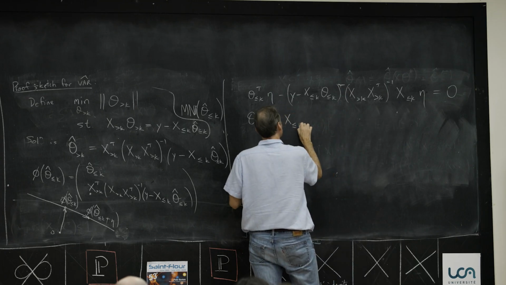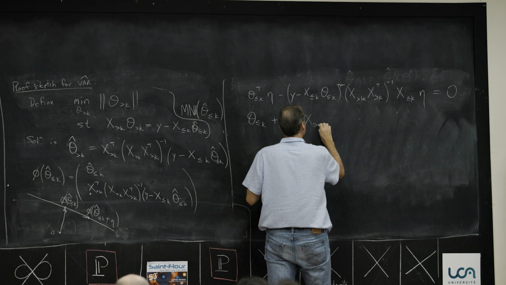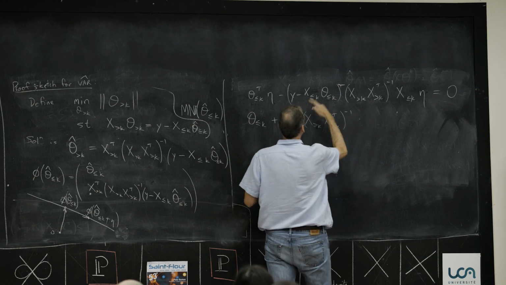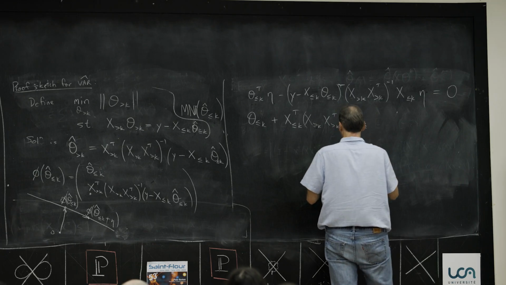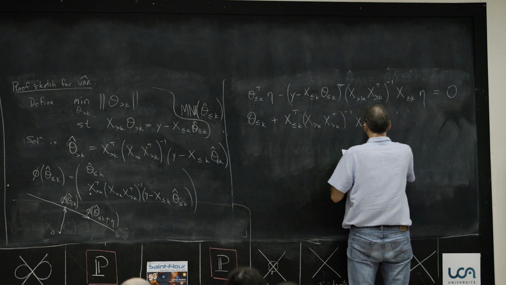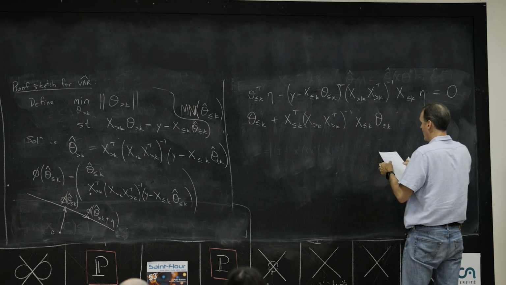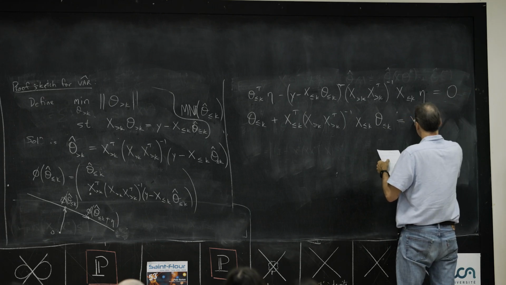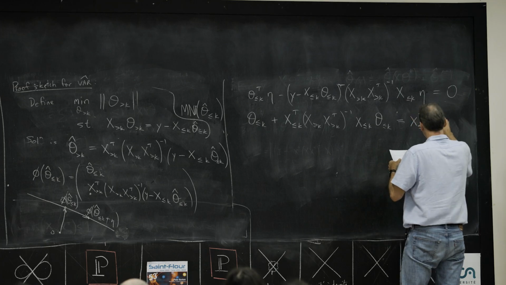I'm flipping a transpose around. Times this thing, which is an x less than or equal to k, times theta less than or equal to k, and then there's a y piece. I'm going to write the y piece on the other side, so this thing has to be equal to this expression.